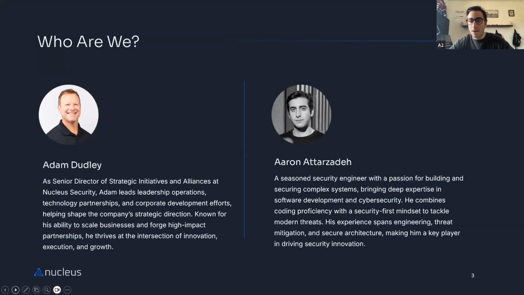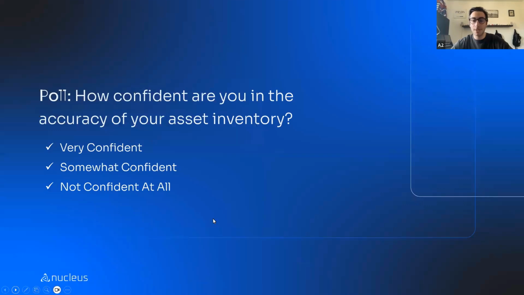I'm very excited for this conversation because asset correlation is one of the main conversations that comes up during the talks of POCs and the aggregation and correlation of these disparate data sources. So this is going to be a good conversation to uncover what you may not already know that you have that pre-exists within your stack.